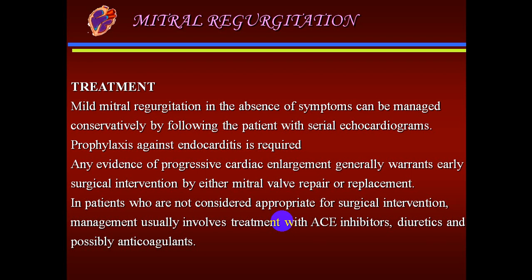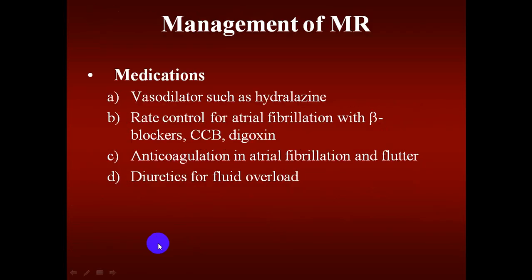Any evidence of progressive cardiac enlargement generally warrants early surgical intervention by either valve repair or replacement. In patients who are not considered appropriate for surgical intervention, management usually involves treatment as for heart failure, with ACE inhibitors and diuretics, and possibly anticoagulation if there are rhythm abnormalities.